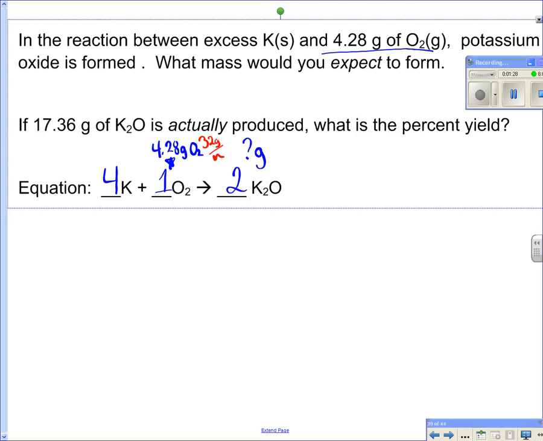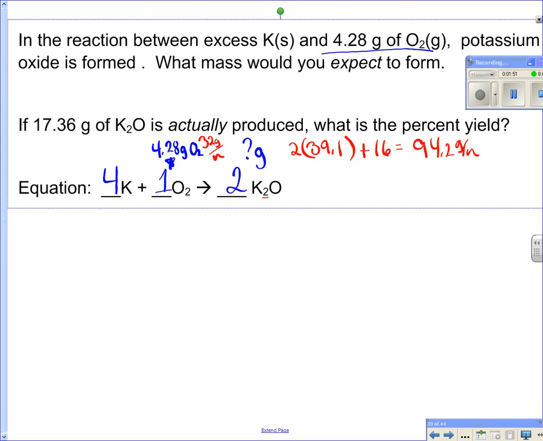K is 39.1 grams per mole, and I have 2 Ks, plus 1 oxygen, so I add 16 to that. When you work that out, it's 94.2 grams per mole. I'm going to use that in just a little bit.